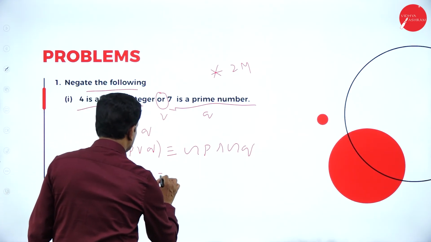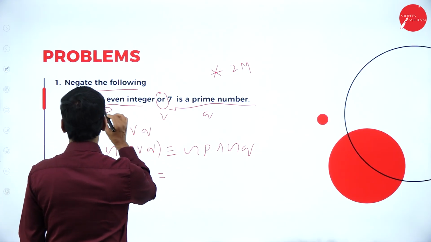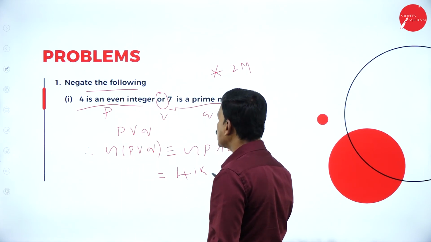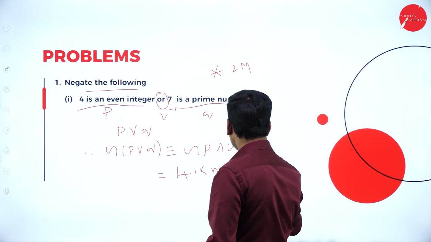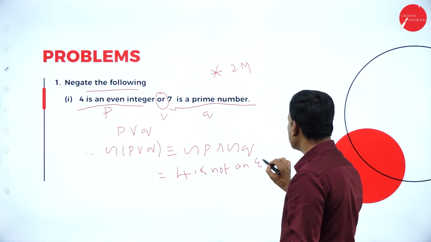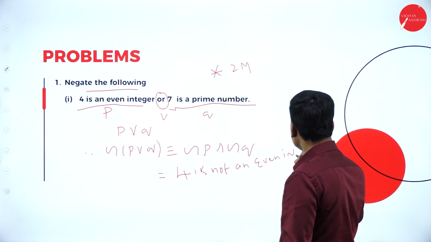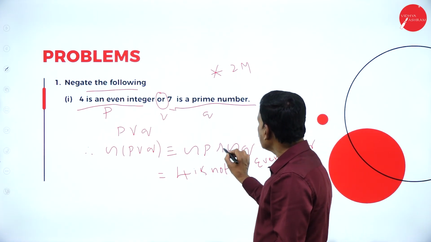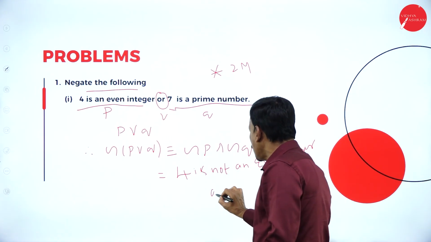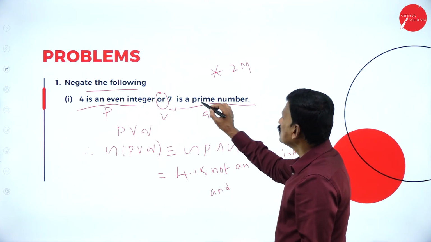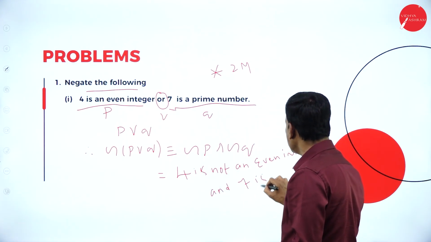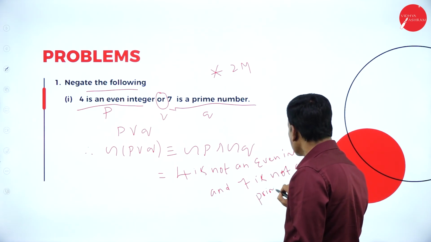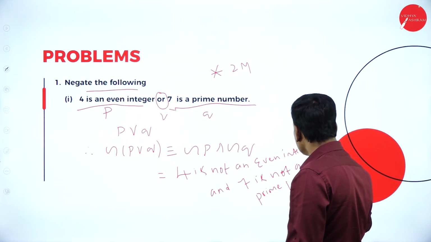So this can be written as negation of P. What is negation of P? 4 is not an even integer, and conjunction, or becomes and, 7 is not a prime number.